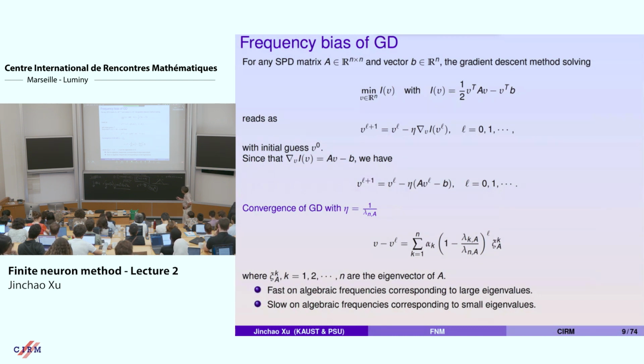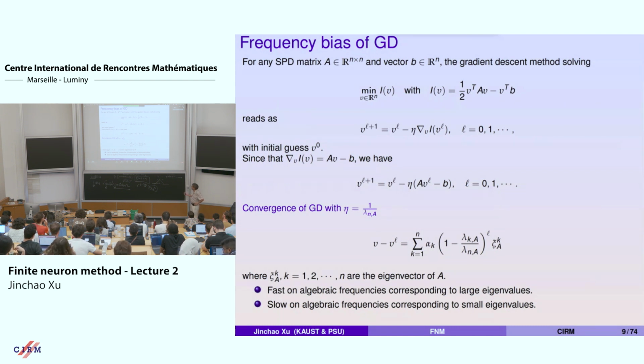The first algebraic frequency corresponds to larger eigenvalues. Okay, I don't say the frequency here. I only say it converges to the frequency that corresponds to the larger eigenvalues.